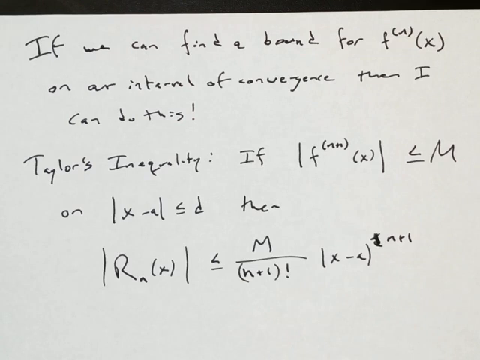Now, why does this matter? Well, take a look at that right-hand side. M is a constant. And if I look at the remainder, then as n goes off to infinity, this bottom gets absolutely huge, doesn't it? And that means that my remainder goes to 0. That's what makes the convergence good enough.